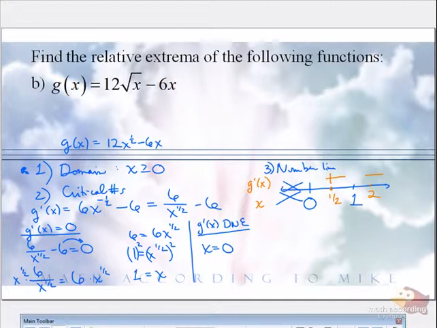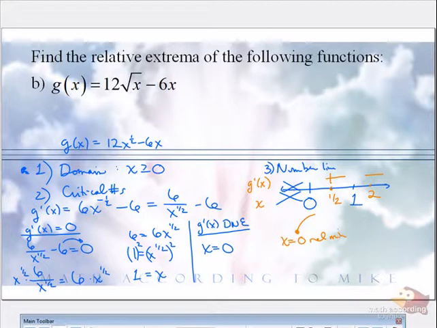So what actually happens at x equals 0? It'd be a minimum. Because if this were x equals 0, it increases to the right of it, then it has to do something like that. Which means that would technically be a relative min. So we don't know anything about the left of it. So x equals 0 is a relative min.